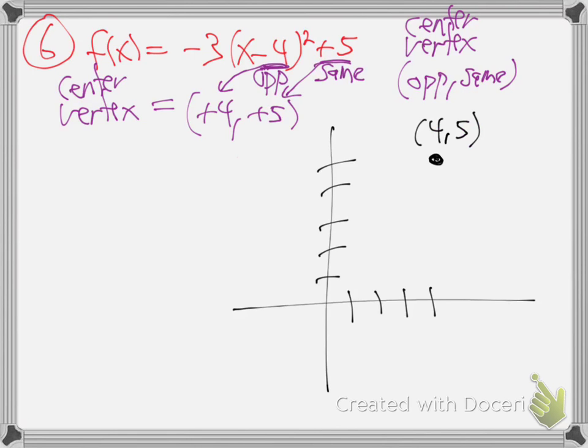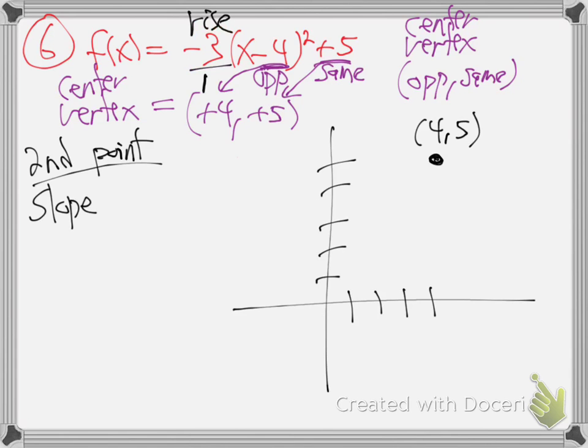Now, we need one other dot to graph it. How do you find the second point? We have the center, we need a second point. We always use the slope. What's the slope in the very front? -3 over 1. Rise over run. So go down 3, 1, 2, 3, over 1. Does that make sense how I'm finding that second point?